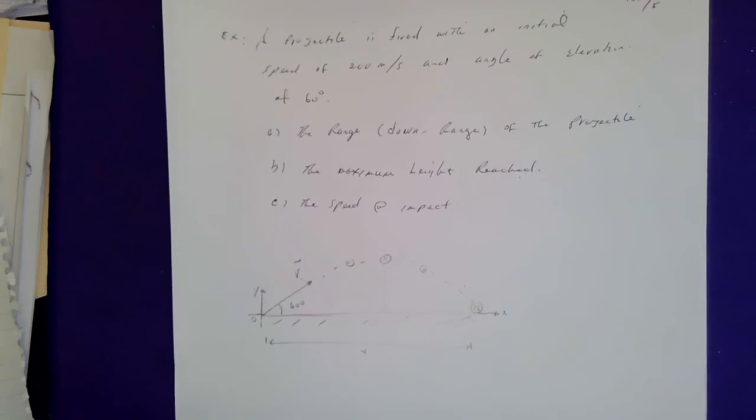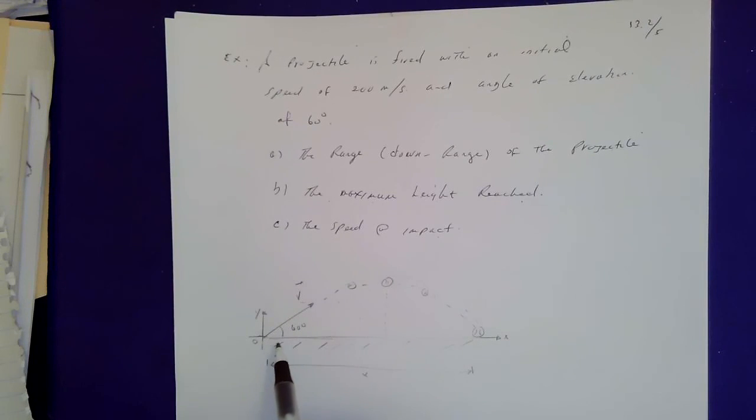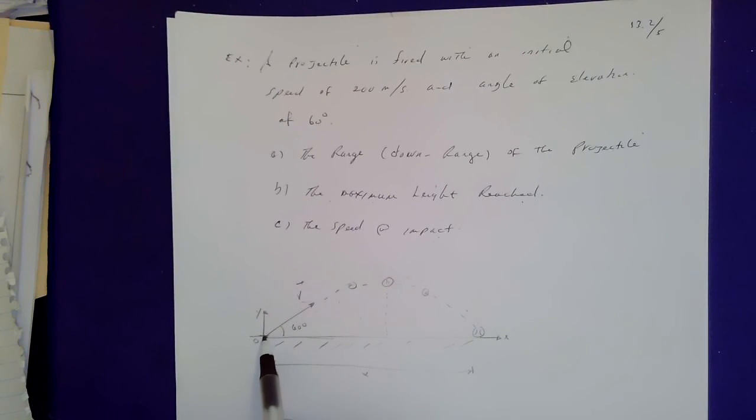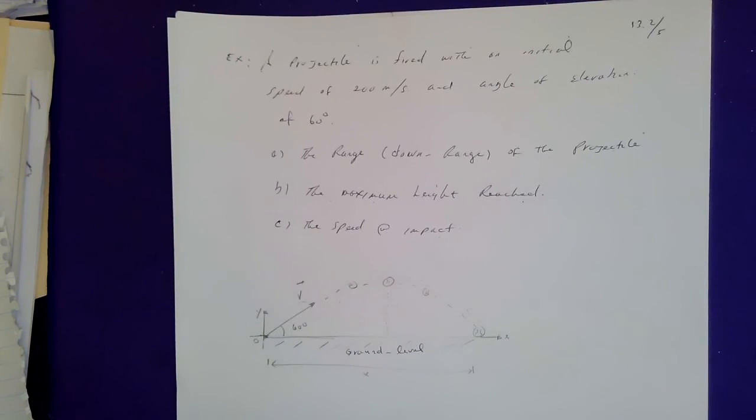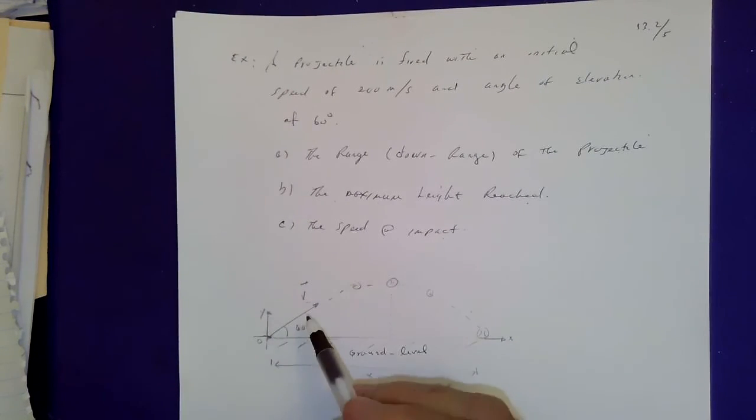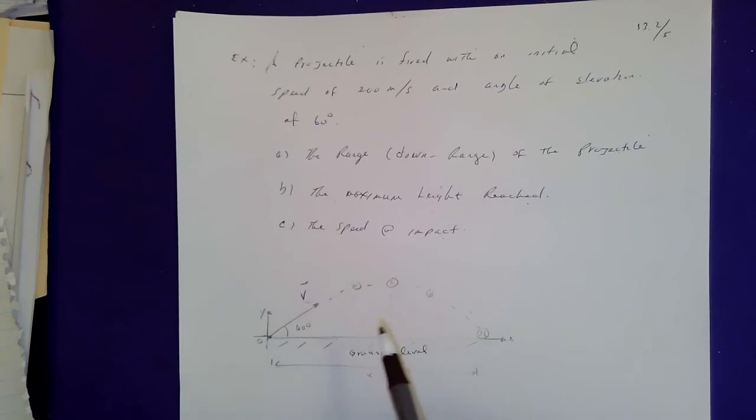Okay, so this is what's happening. Obviously, the projectile was fired at ground level. So this is ground level, correct? This is the initial velocity, which makes what? An angle of 60 degrees with the horizontal, okay?